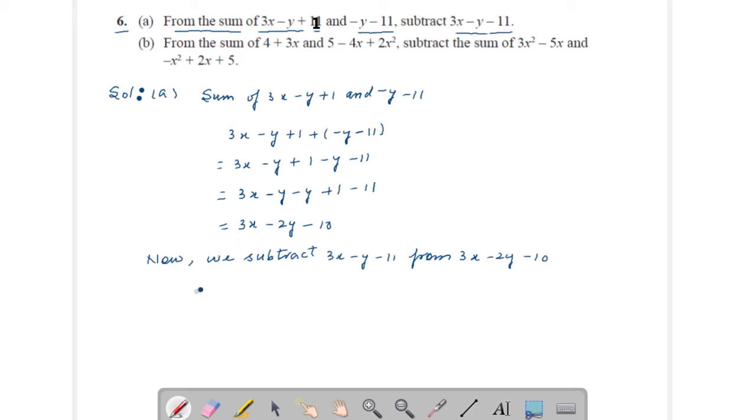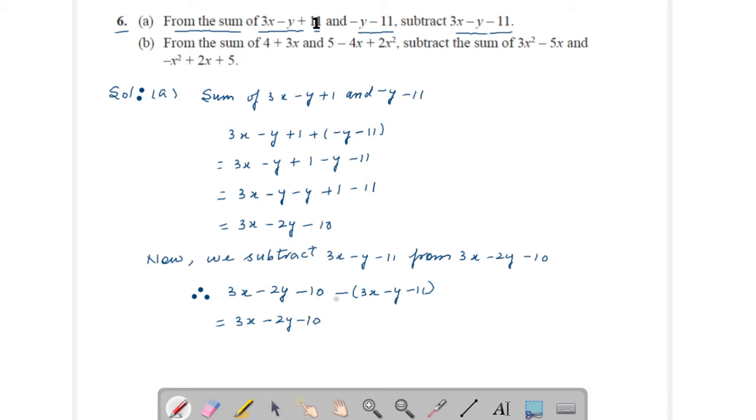Therefore, 3x minus 2y minus 10 minus, subtract the first expression, that is 3x minus y minus 11. Here open the bracket. You will get 3x minus 2y minus 10.